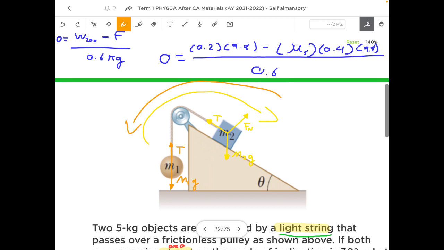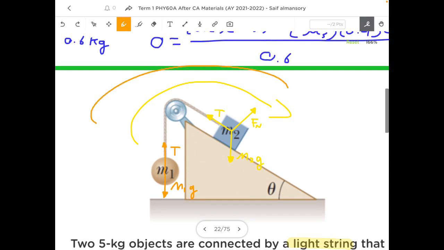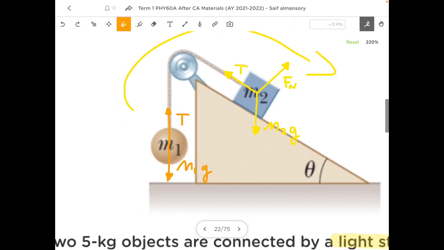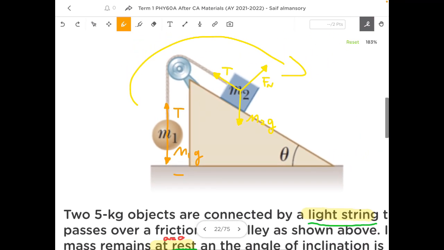If you select that the motion of the object is in this direction, this m1g will be negative. Why? Because this m1g resists the motion of m2.